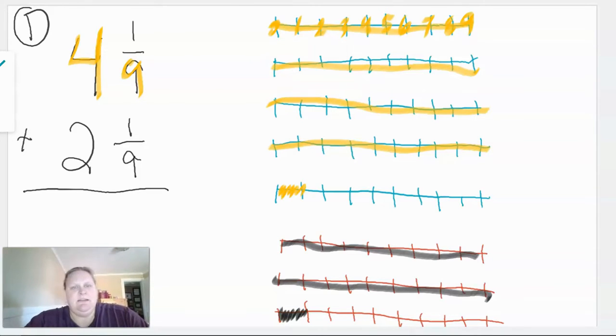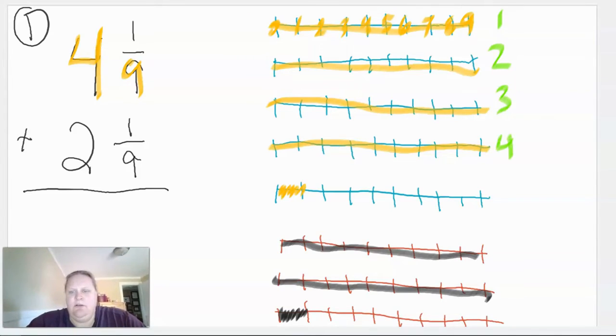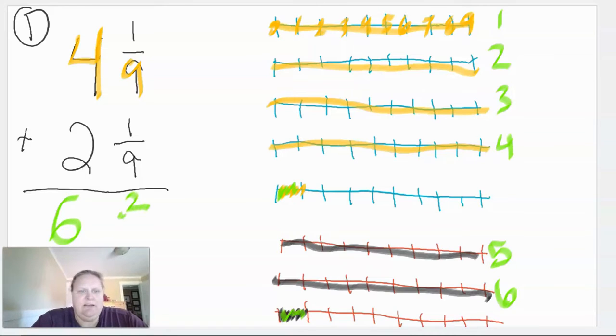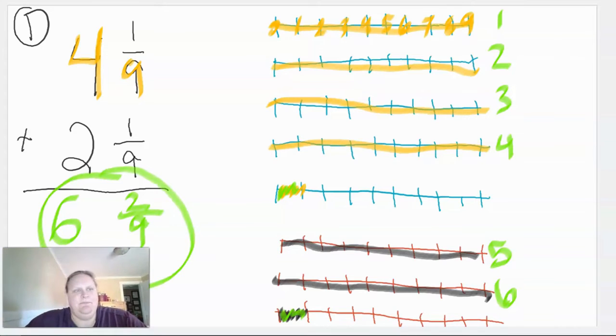Now, when we're looking at the answer, all we have to do is count. 1, 2, 3, 4, 5, 6. There are 6 wholes. And then there's 1 piece here, 2 pieces. So there's 2 selected out of 9. So our answer is 6 2/9.